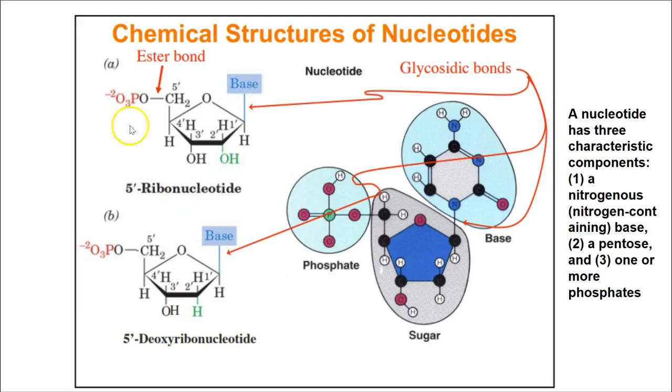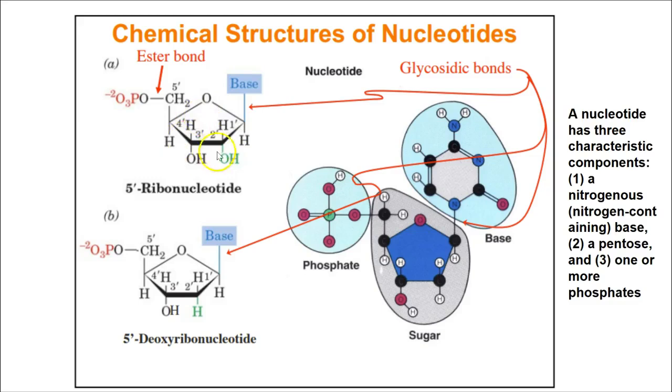And then at the end, you have an ester bond for that third component, where you have the phosphate group, where you can have one or more phosphate groups attached. And then you have this nucleotide all together: the phosphate group, the pentose, or the carbohydrate group, and then your base, whether it is the purine base or the pyrimidine base.